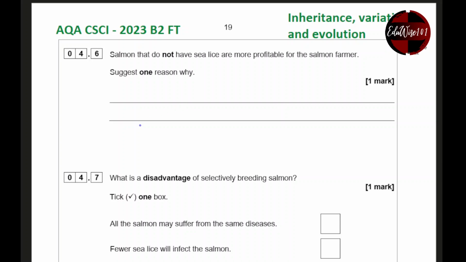So salmon are bigger, or you could say they grow faster as well. So any one of those 2 points is fine.